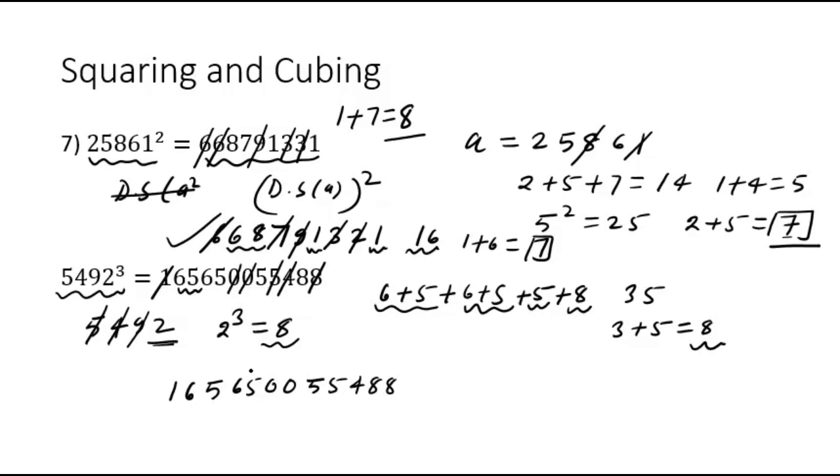So in this video we have understood the concept of digit sum, how to calculate the digit sum, and we have also seen that the digit sum concept can be used to check whether all this computation that we are doing, addition, subtraction, multiplication, division, squaring, cubing, is right or wrong.